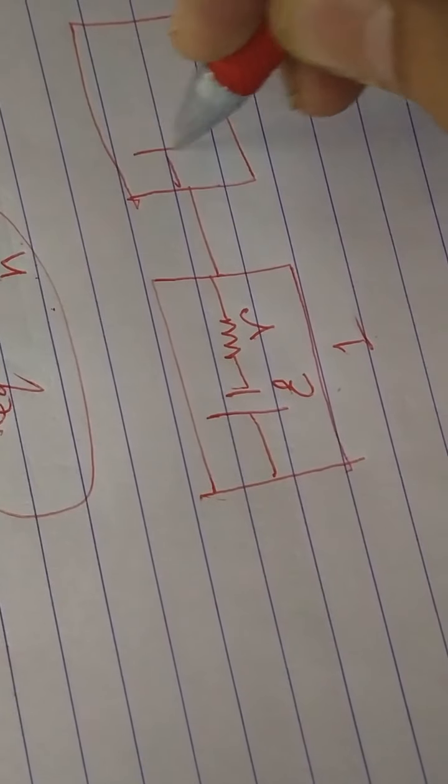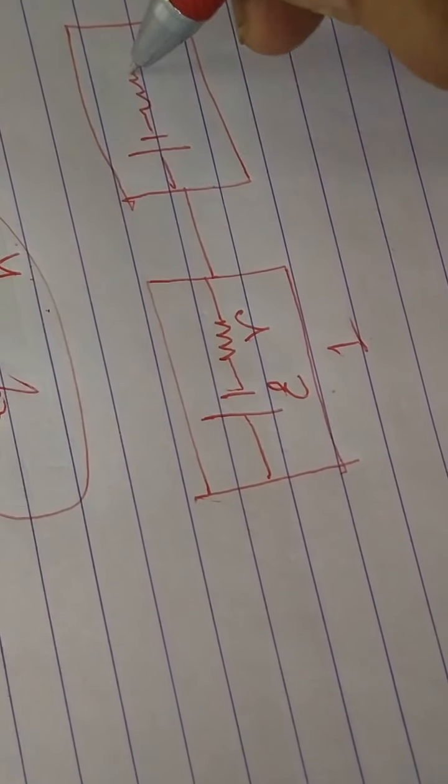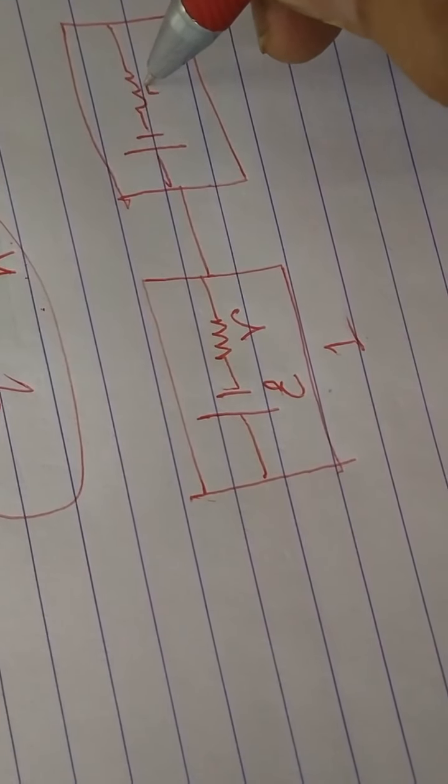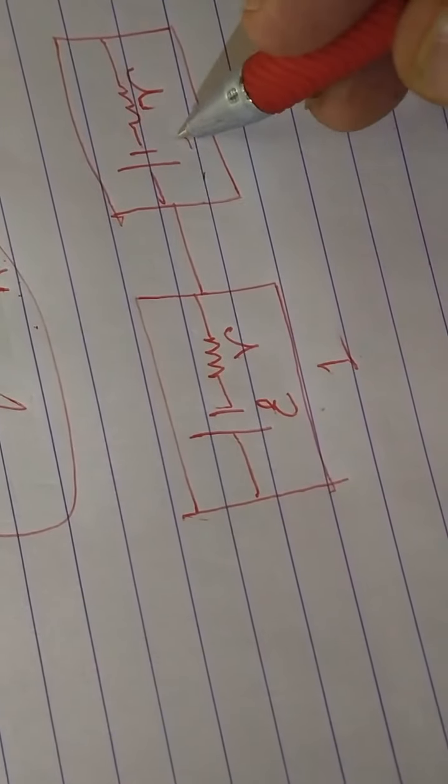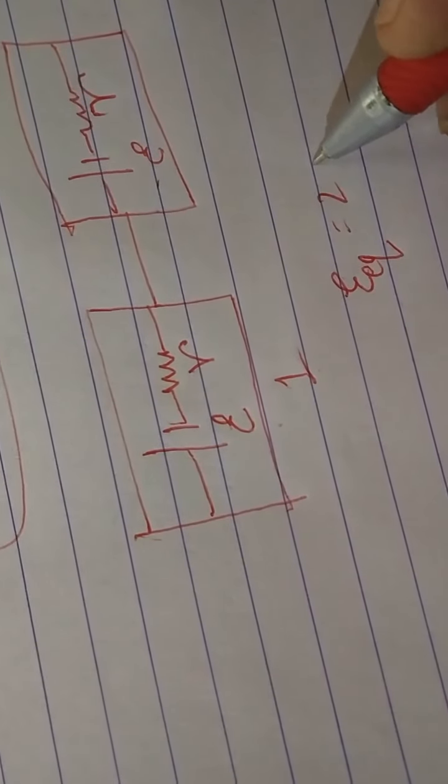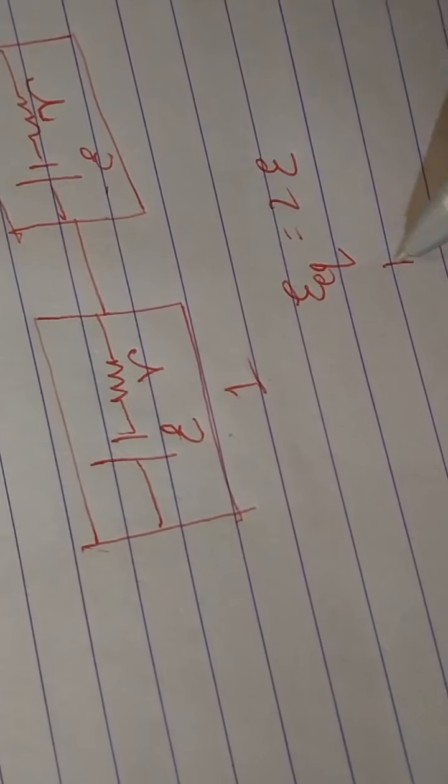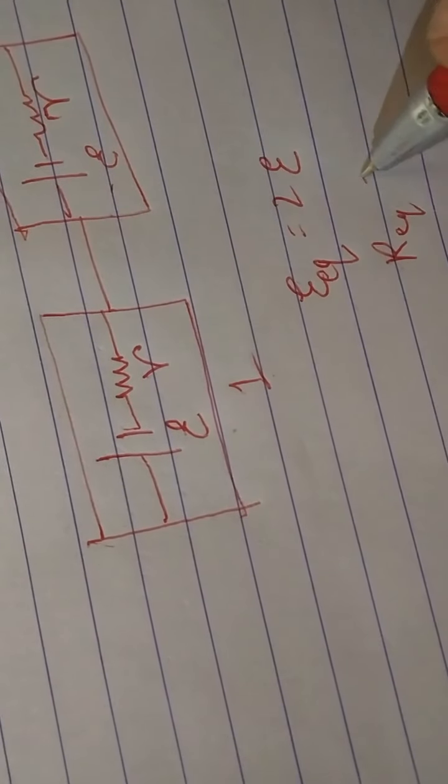Inside each cell we have EMF E and internal resistance r. So what is the combined EMF? Both EMFs will add up. The equivalent EMF will be 2E and the equivalent resistance will be 2r.